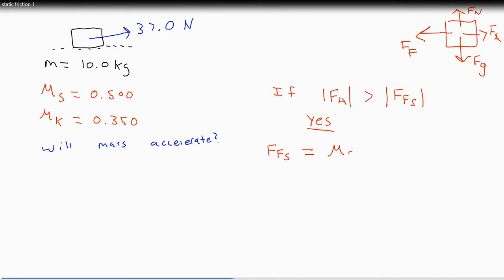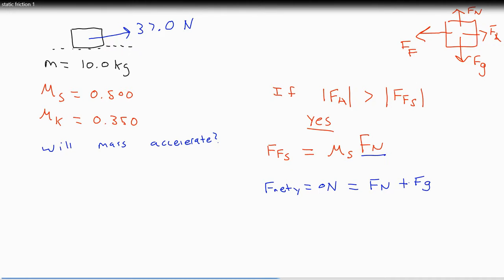We know that the equation to find the force of friction is the coefficient of friction times the normal force. In this case, we need to solve for a normal force. To do so, we're going to take a look at our y direction. We know in the y direction that the net force is 0 newtons because the object is sitting on a desk.